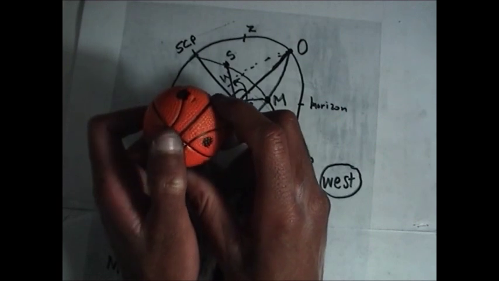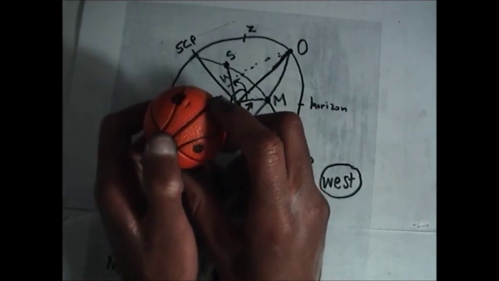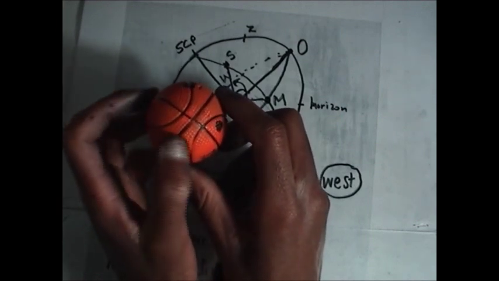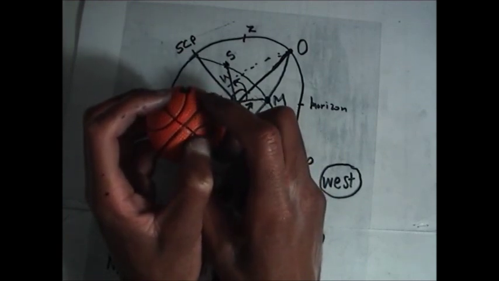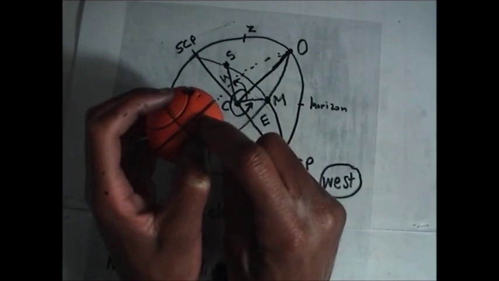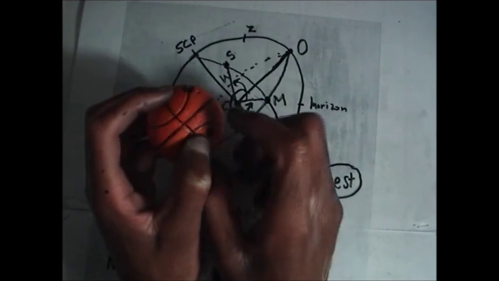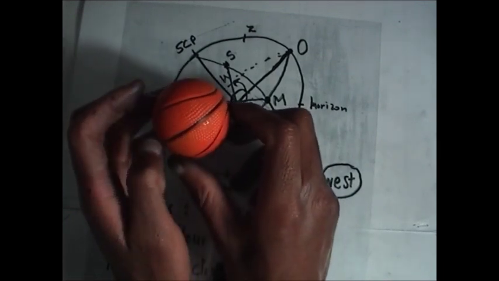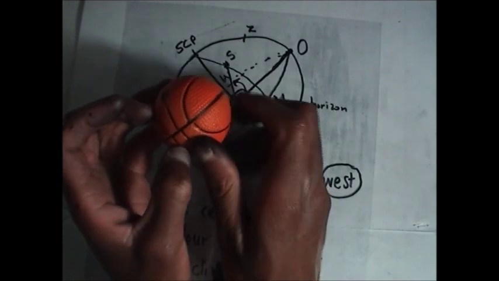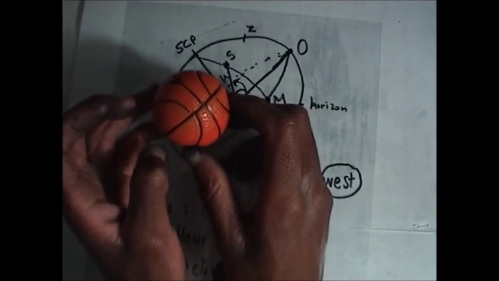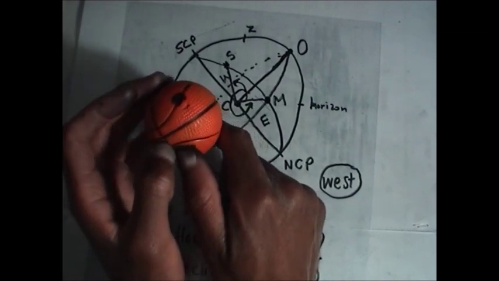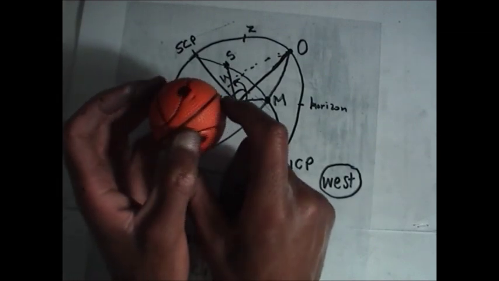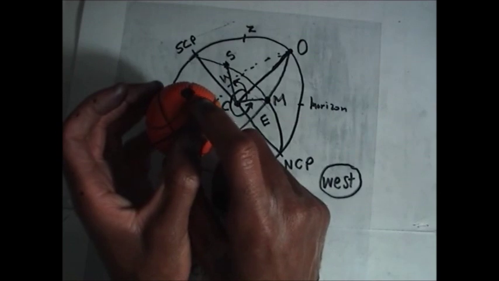The star is going to rotate, maintaining its elevation above the what? Above the celestial equator. It's going to maintain its elevation as this is rotating about that fixed axis from SCP to NCP, that's the celestial axis. So can you see, no matter how it rotates, this one maintains its what?